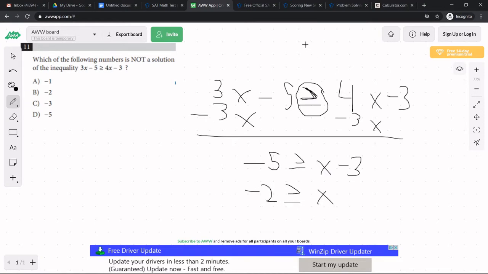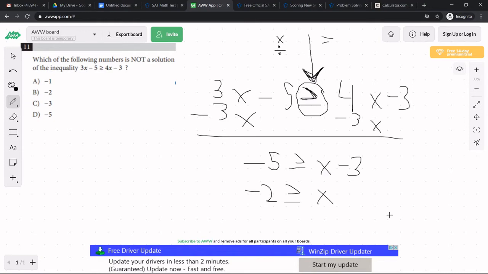Now, an important thing to note when you're dealing with inequalities is that while most operations are the exact same as when you're dealing with an equal sign, the only thing that changes is when you're multiplying or dividing by a negative. You want to remember to flip the inequality.